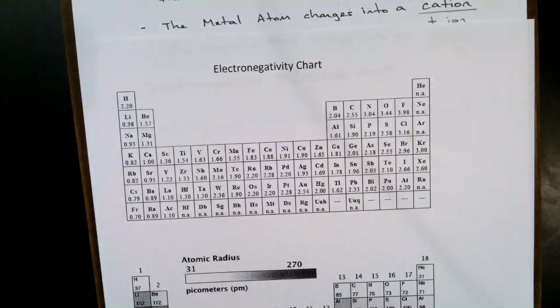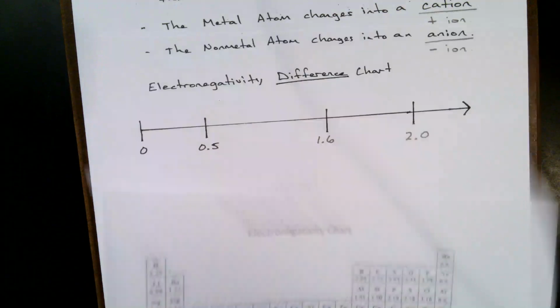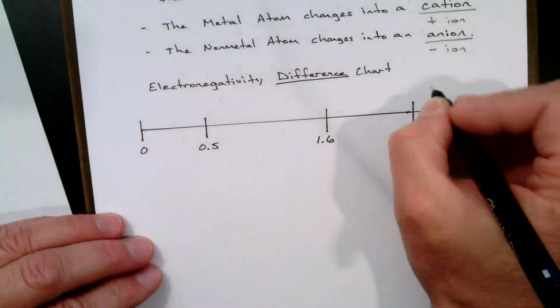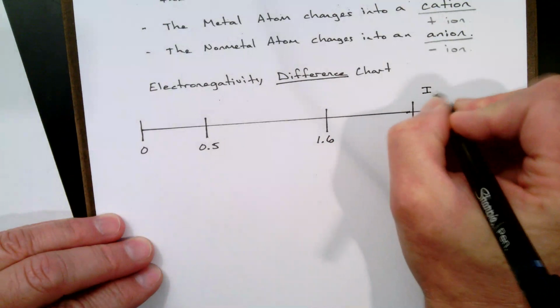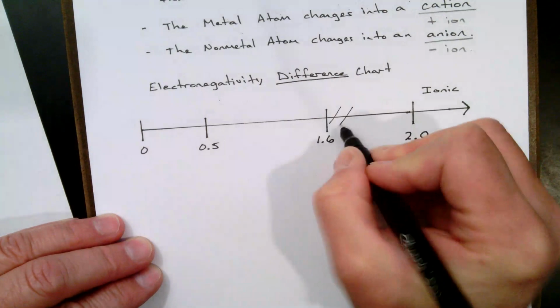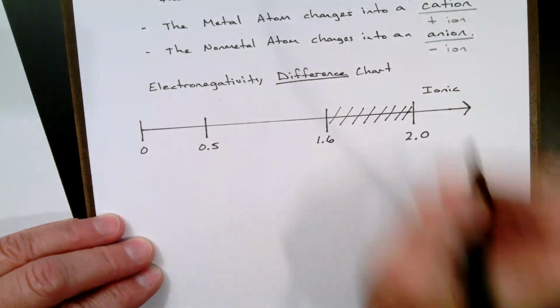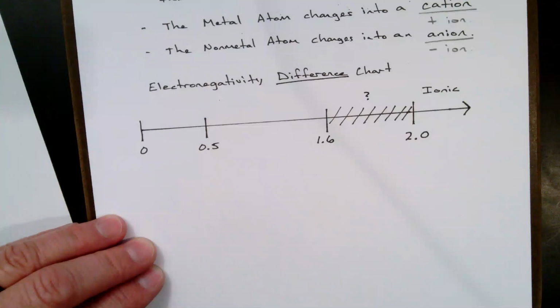So what I want to do is look at an example of two atoms and how they bond together. Before doing that, I'm going to put some designations up here. I'm going to put the term ionic here. I'm going to put some lines in here, and we're going to put a question mark in this area.